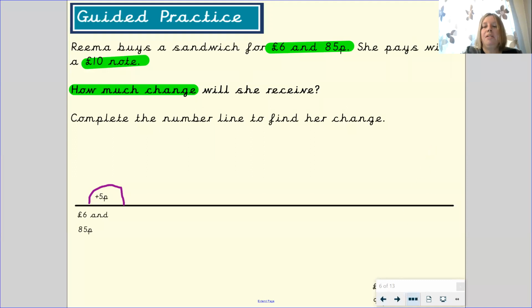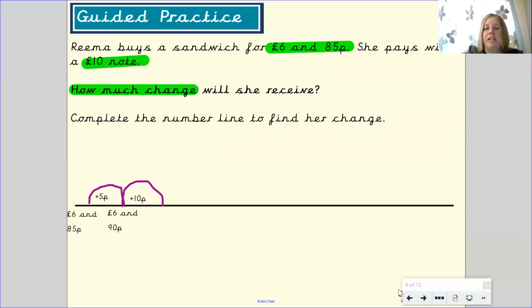That's right, I would have £6.90. If I add 10p to £6.90, how much money would I have? That's right, I would have £7.